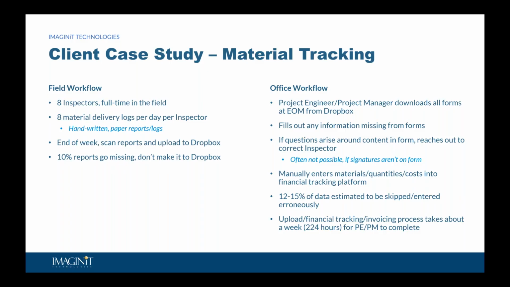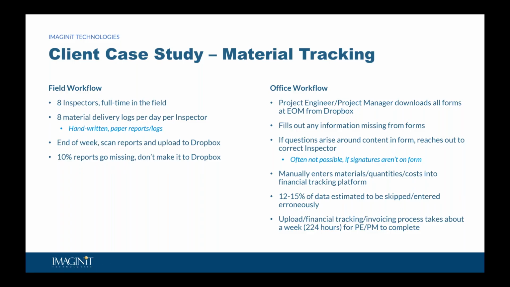A lot of times there's missing information, things like project numbers. Maybe we knew what the item description was, but we don't know the associated line item. Maybe we don't know what the unit cost is. Maybe the unit type is erroneous, right? They've got to revise a lot of information, fill in those missing gaps, and then manually enter the materials, quantities, and costs into whatever system they were using for their financial tracking.